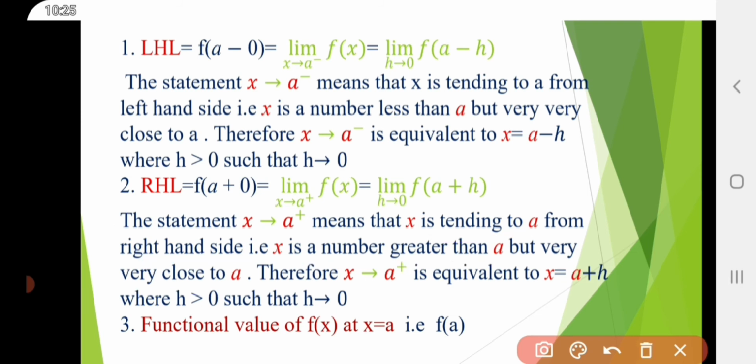Therefore, x tends to a plus is equivalent to x equal to a plus h, where h greater than 0 such that h tends to 0. So right hand limit you can write like this or like this.